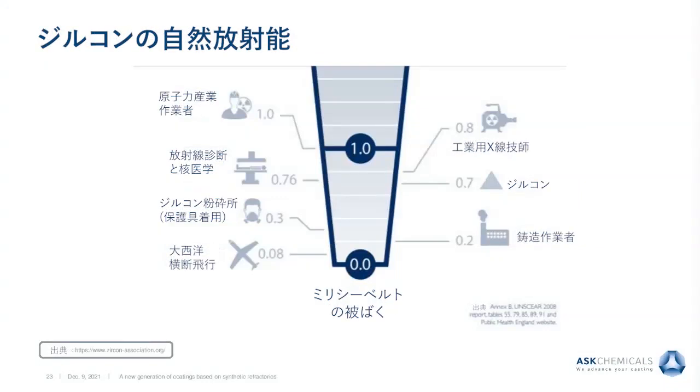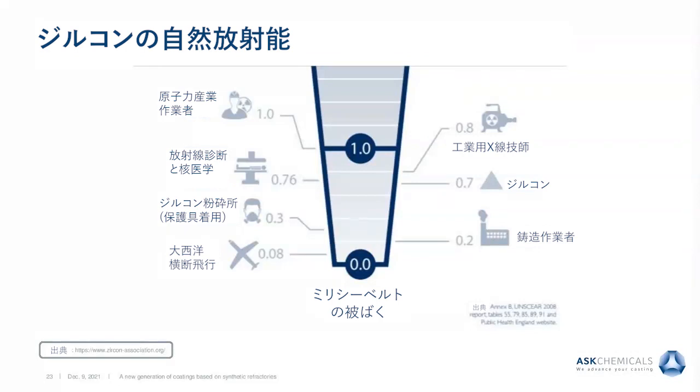The other odd situation is the radioactivity of the Zircon. The genesis of the mineral million years ago provided the sources with some trace elements like uranium and hafnium, which is radioactive.